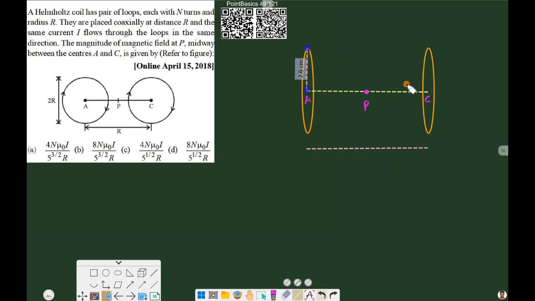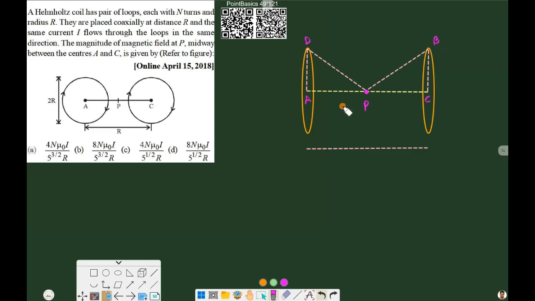So this distance is also r, and we have to find this distance also. Let me mark some points for reference: A, C, P, and suppose this is B, this is D.